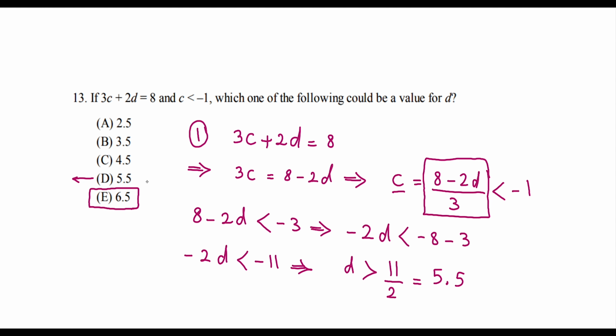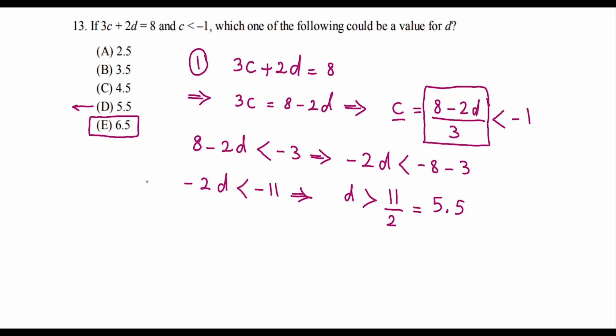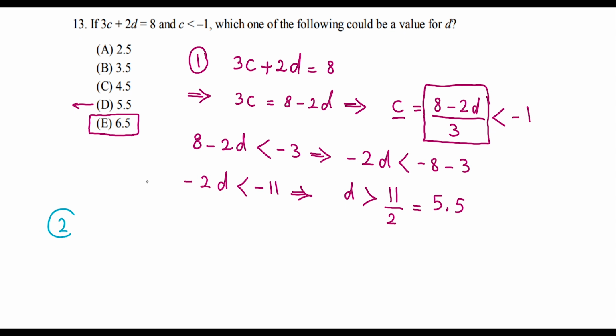I think this way is the best, but there is another way that is not a perfect way, but we can use it in multiple choice questions. The second way.